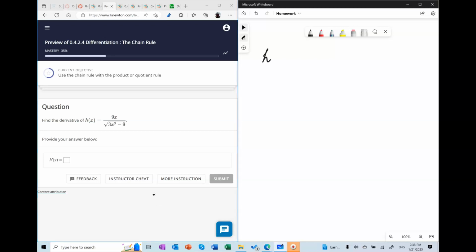H of x is equal to, so this is an application of a quotient rule.